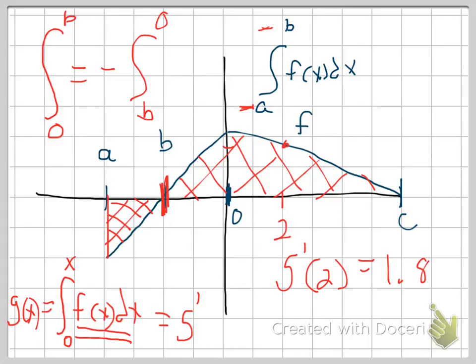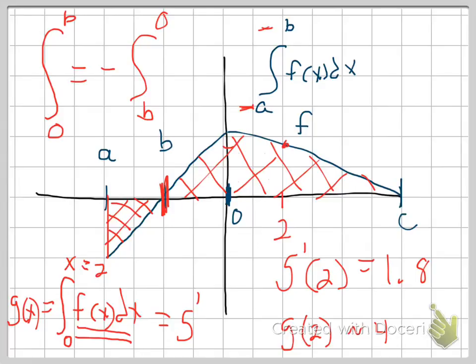Okay? And now if they asked what was greater, g prime of 2 or g of 2, what you would do then is let x equal 2, and you would find that the area under that curve, which we could say is about 4. So g of 2 then would be greater than g prime of 2. And that's how we would handle that.